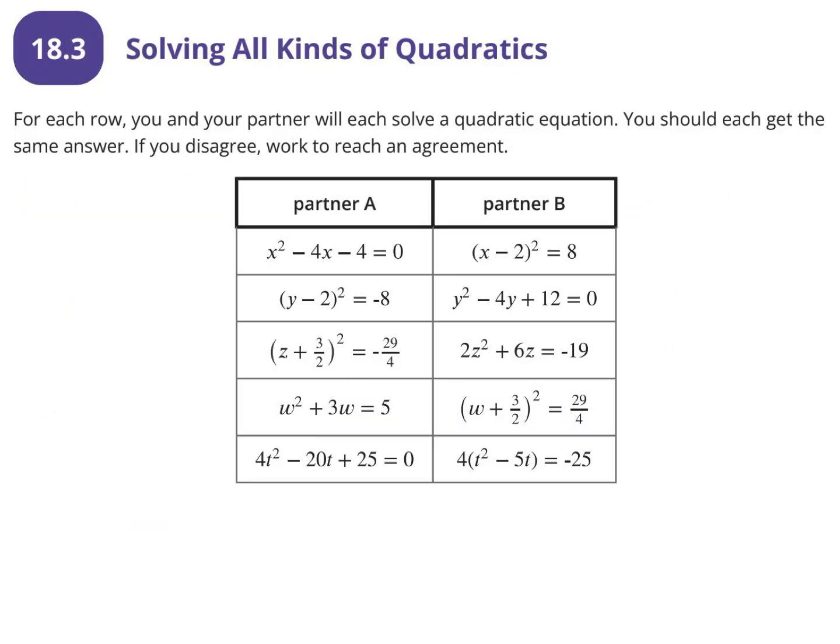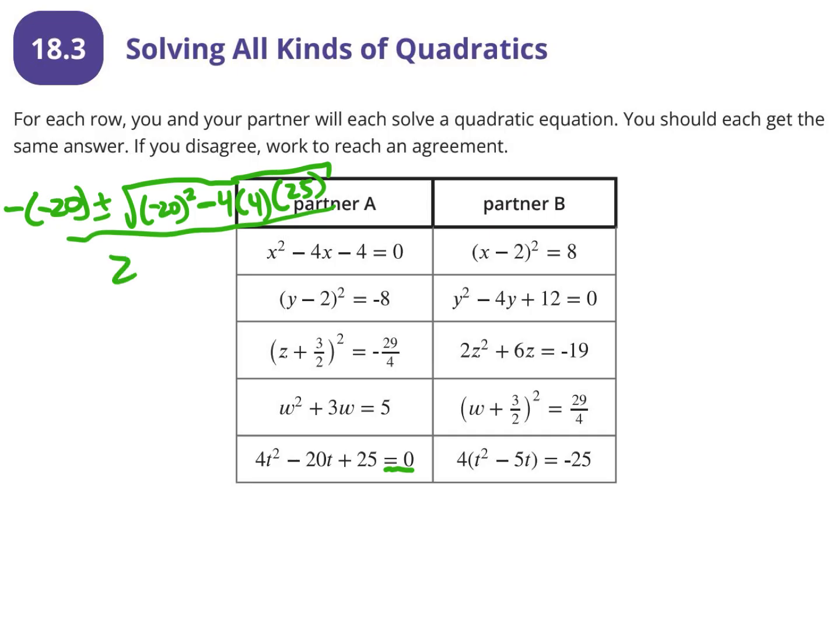Okay, last row. Now, this trinomial is already equal to 0, so we can just put this right into the quadratic formula. So -b plus or minus the square root of b squared. Make sure you use parentheses, minus 4 times a times c, all over 2 times a.